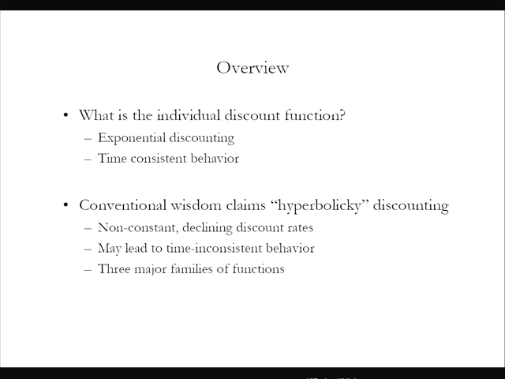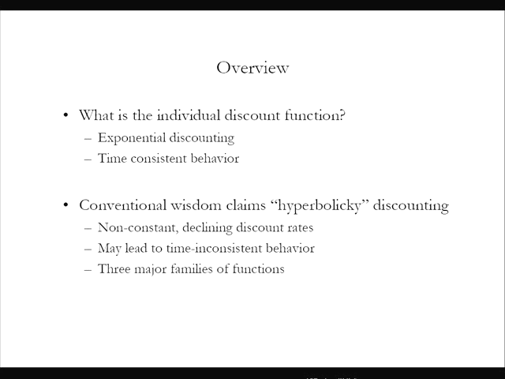I'm going to talk about three major families of functions. I mean, there are many functions out there for discounting. There's the classical one, the exponential one, and then I'm going to talk about two hyperbolic ones. There's the classical hyperbolic discounting function, and then there are what we call quasi-hyperbolic discounting functions.